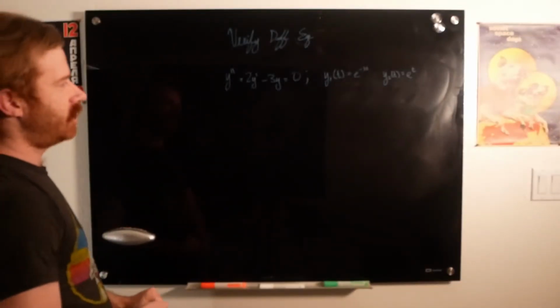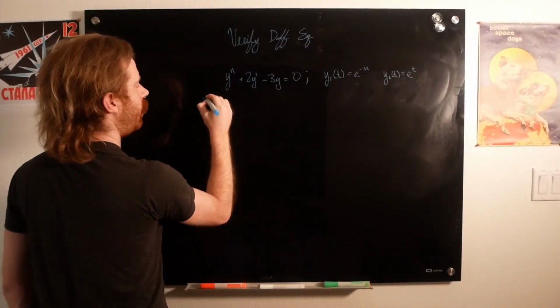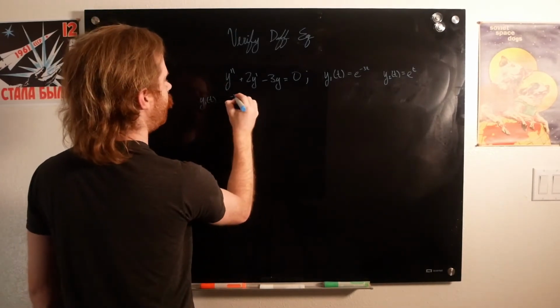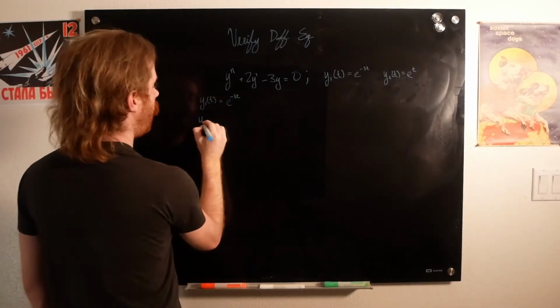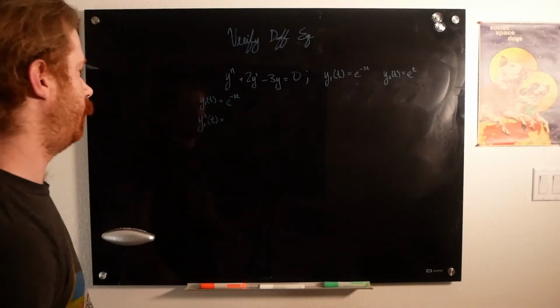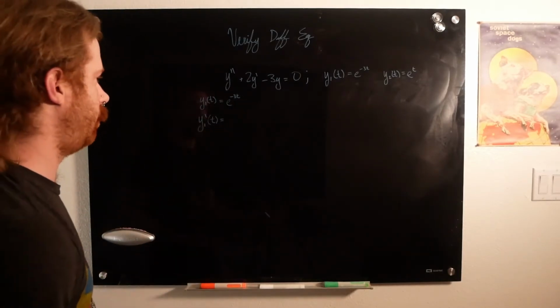So let's test the first one first. We'll say y1 of t equals e to the negative 3t. So for y1 prime of t, we can just use the power rule, but we leave the e alone.